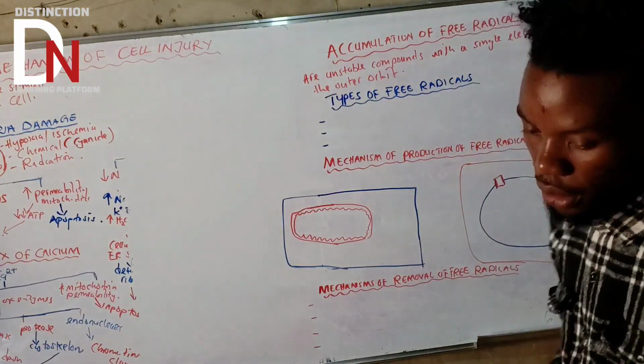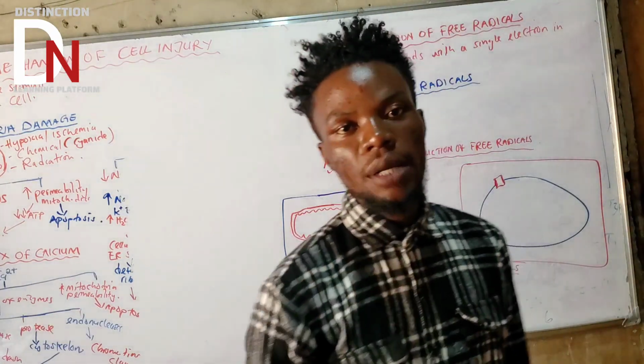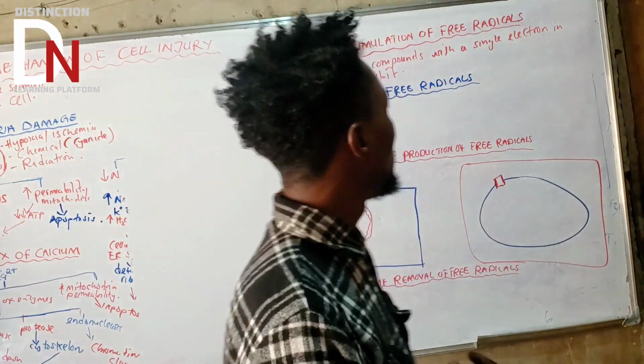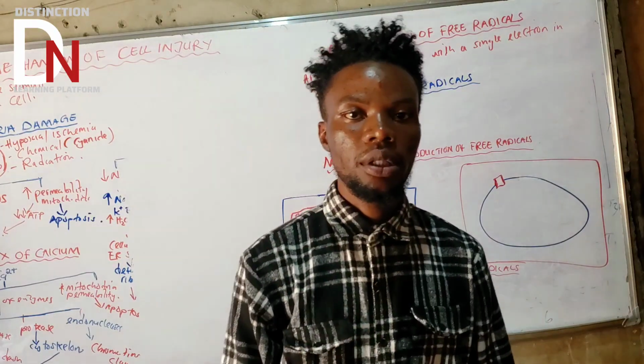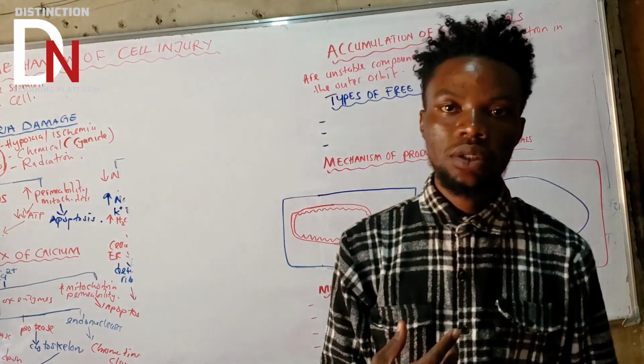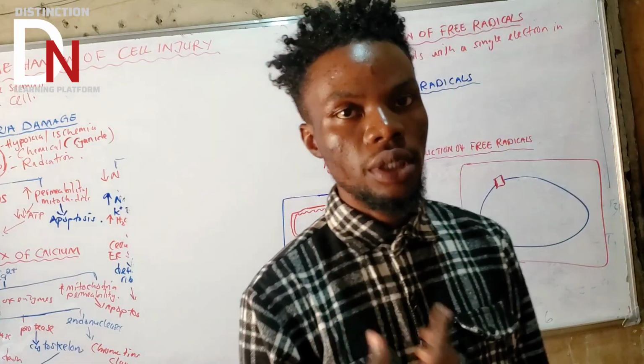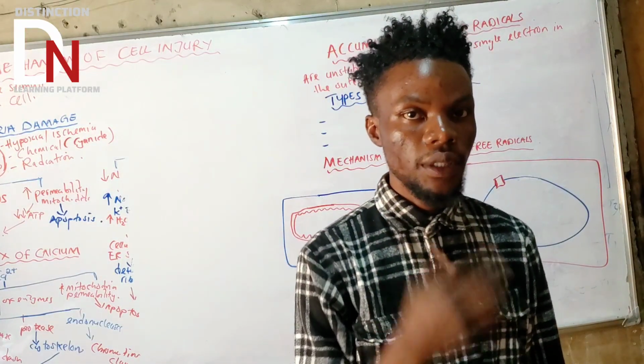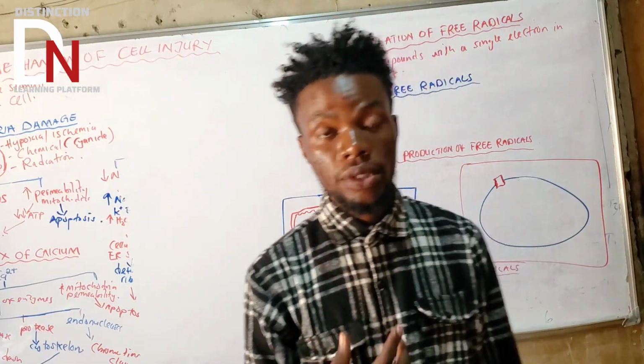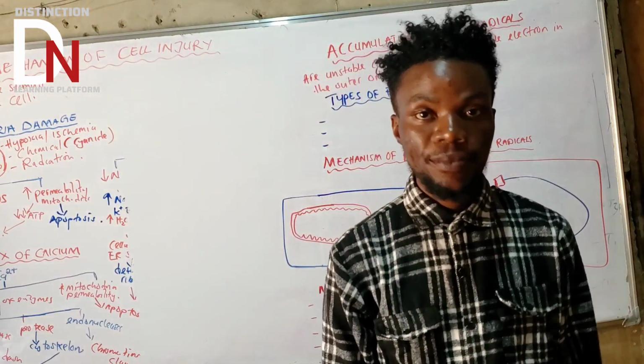Now the question is, what are the types of those free radicals? There are radicals that can come from oxygen, which we call oxygen-derived free radicals, or sometimes just ROS, which is reactive oxygen species.